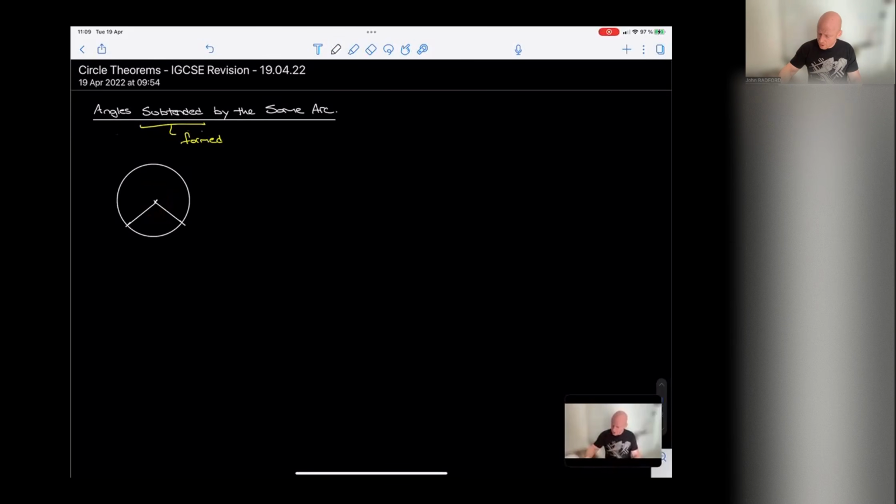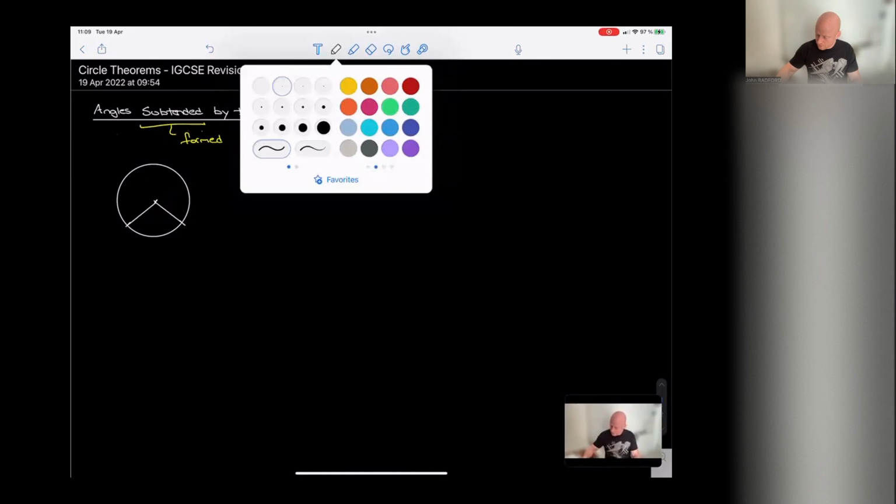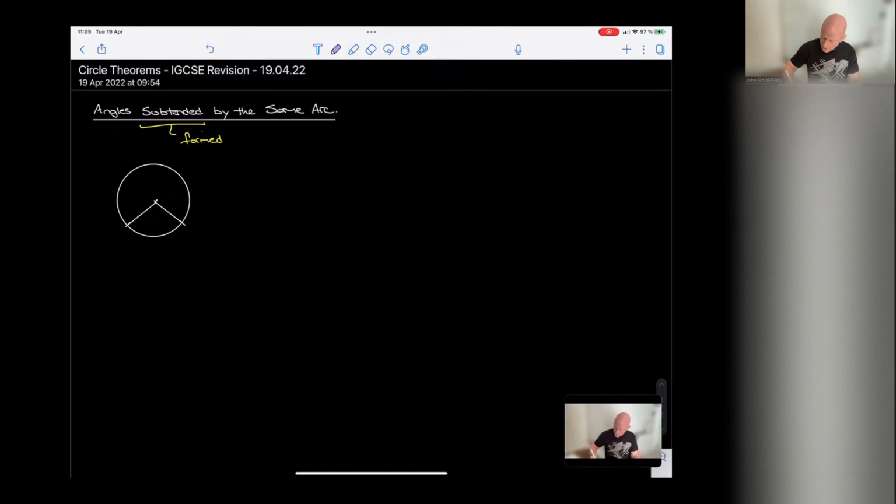And let me try and use some colors here for you to hopefully picture things properly. This angle at the center is subtended by this arc. Remember, the word subtended just means formed. On the other hand, this angle, this large reflex angle at the center, is subtended or formed by this arc.